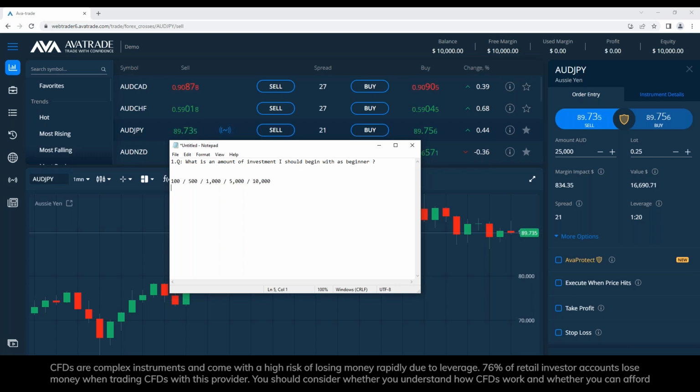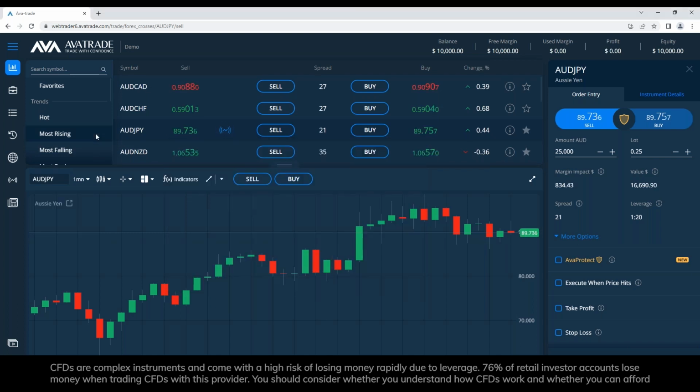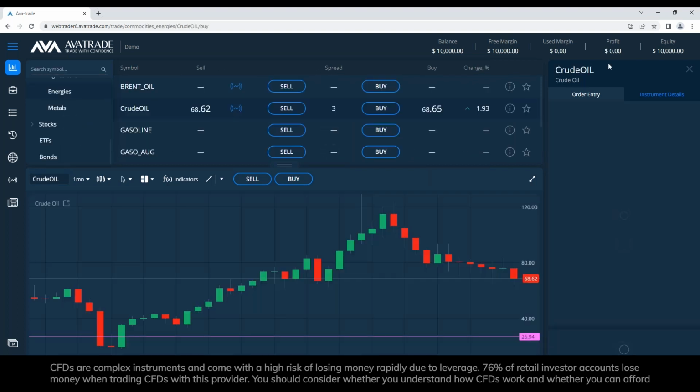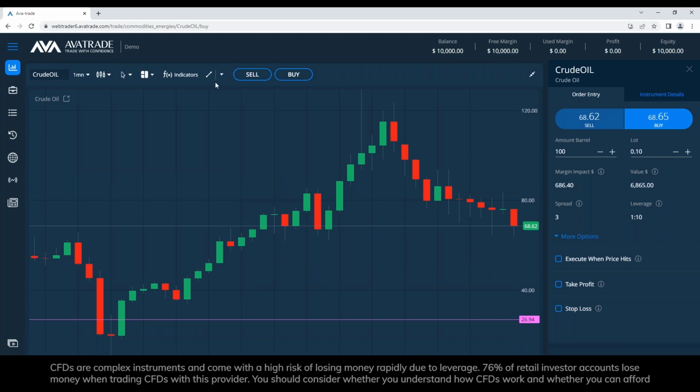For those who deposit 100, I can tell you that 100 is great to get the account running, although I wouldn't expect to make it too far with 100. The reason is, let me show you. Even if I take something considerably cheap compared to other commodities, like crude oil, just as an example, and I want to trade, let's just keep it as it is now, 0.1.